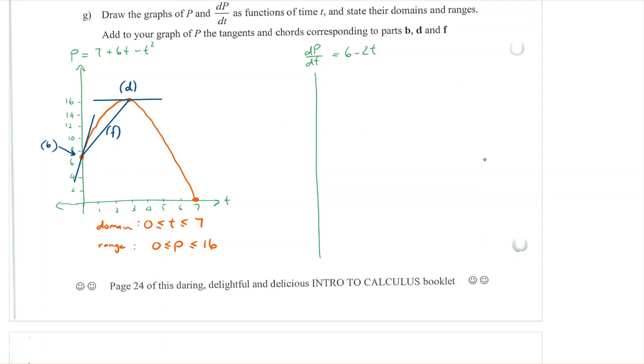Do I need negative parts for my dP over dt? Yes, it can. You can have negative rate, and we actually do in this question. I still can't have negative time though. So t is there, dP over dt is my y-axis. And again, this is going to be over the same 7 months.